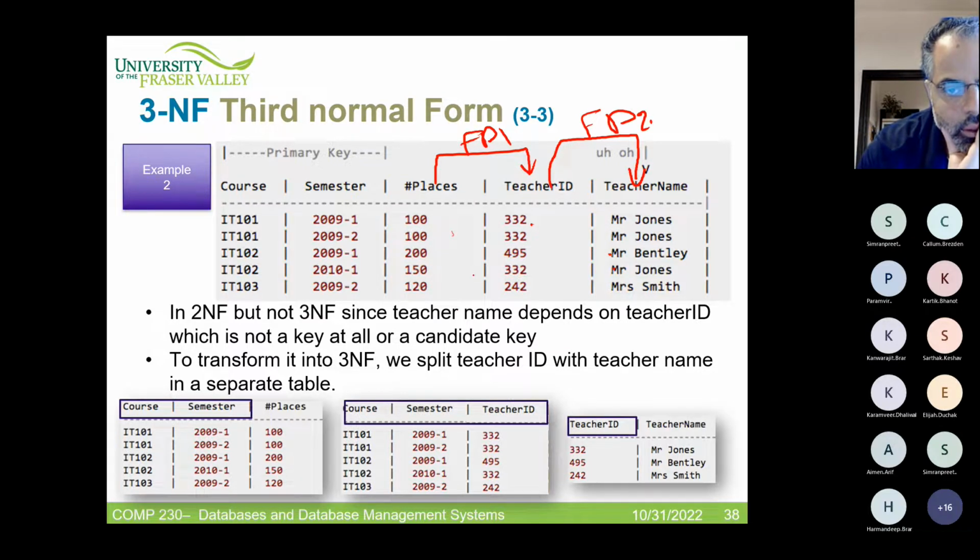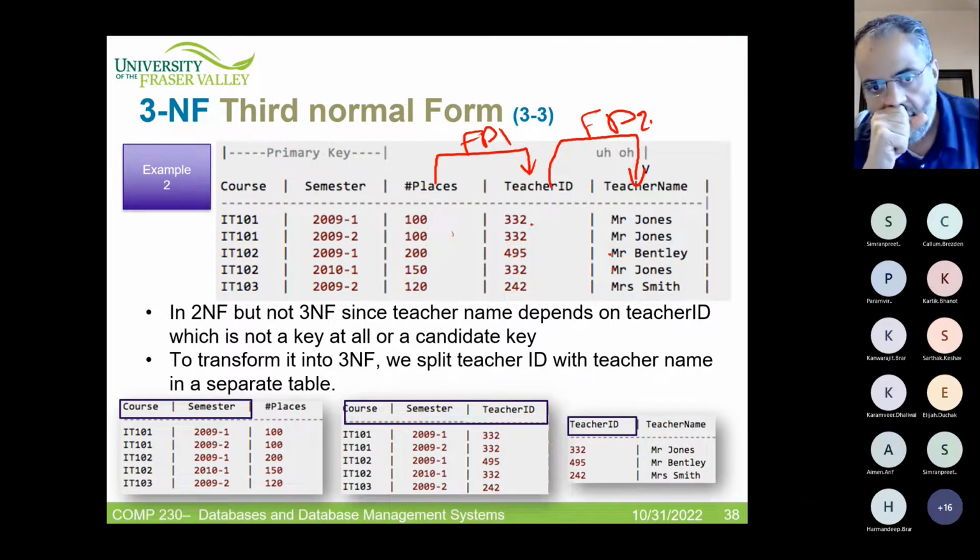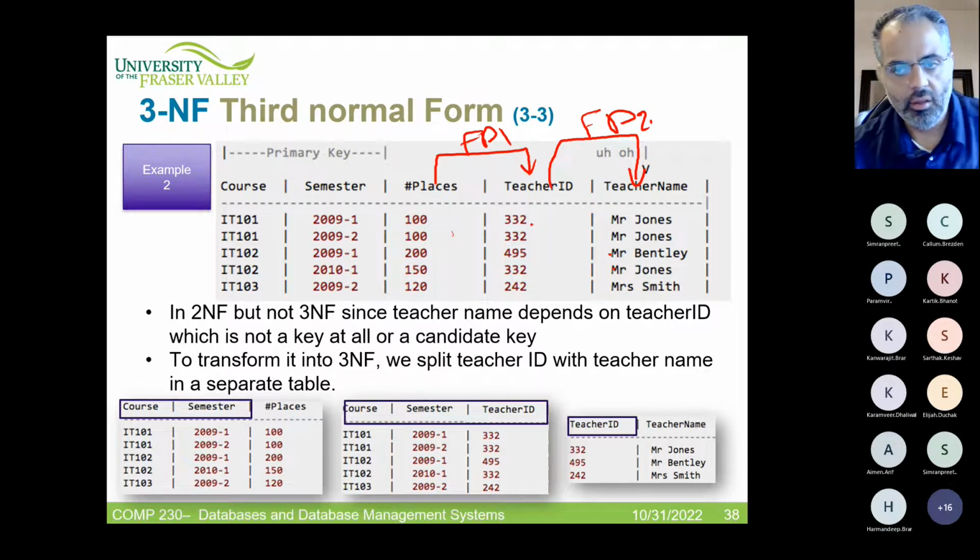Now, let's see. This is a primary key, it should give the other, no need to double check. So now, I have a problem with this. First, it is second. What does second say? That no non-primary attribute can be related to a part of the primary key.